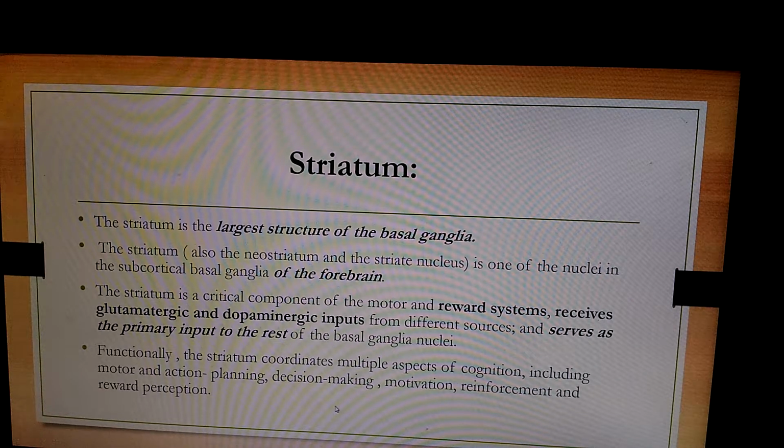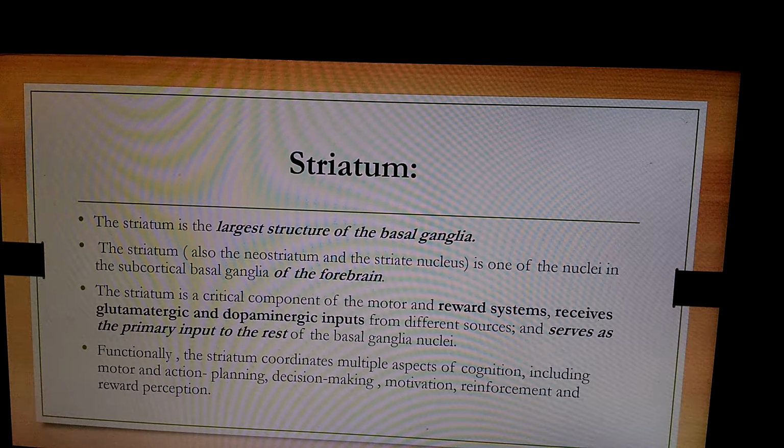Striatum. The striatum is the largest structure of the basal ganglia. The striatum, also the neostriatum and the striate nucleus, is one of the nuclei in the subcortical basal ganglia of the forebrain.